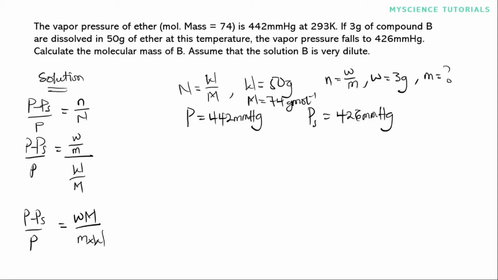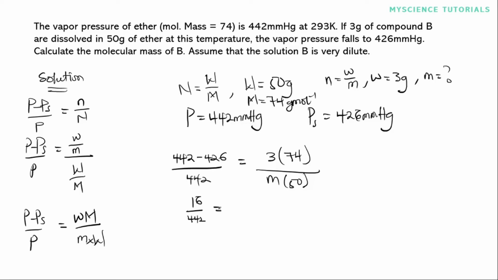So if we do that, we have P, which is 442 minus 426, divided by 442, equal to small w, which is 3, multiplied by capital M, which is 74, divided by small m, which we have to find, multiplied by capital W, which is 50. So 442 minus 426 gives us 16 over 442, equal to 3 multiplied by 74, which gives us 222 over 50m.